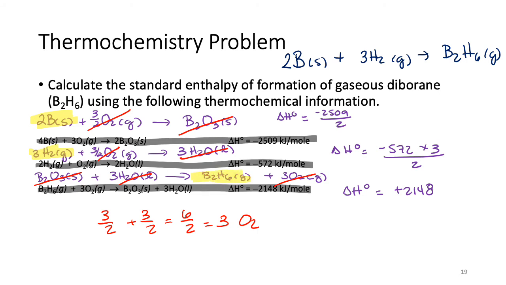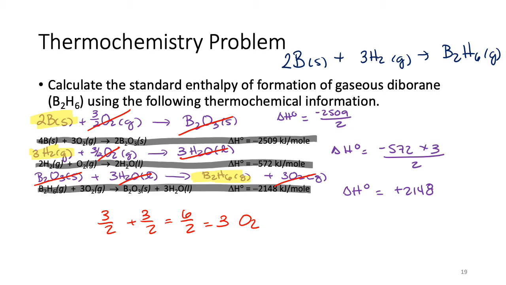So go ahead, add those numbers. Tell me what you get. Negative 2509 divided by 2 plus negative 572 times 3 divided by 2 plus 2148. And we got a syntax error.